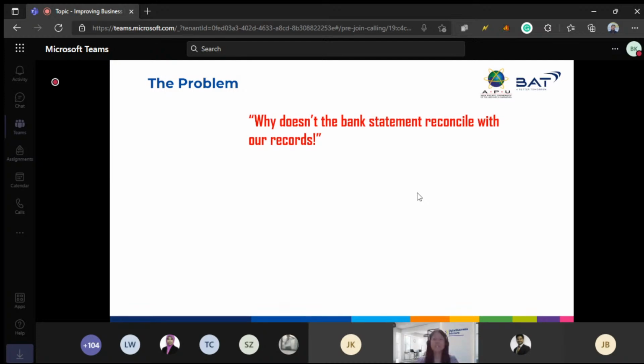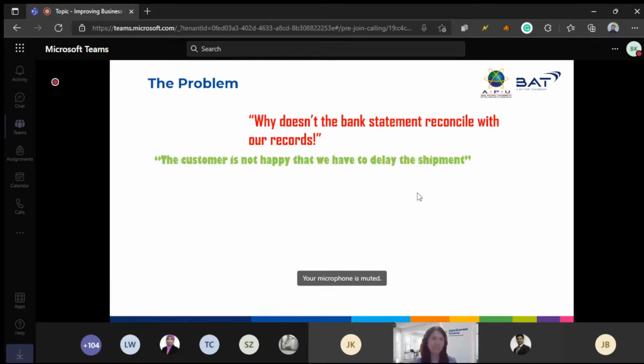Just imagine the bank statements come from the bank, they're automatically posted into our SAP system, and the system can immediately flag out what is not reconciled. But not every company may have the luxury of having that kind of automation.